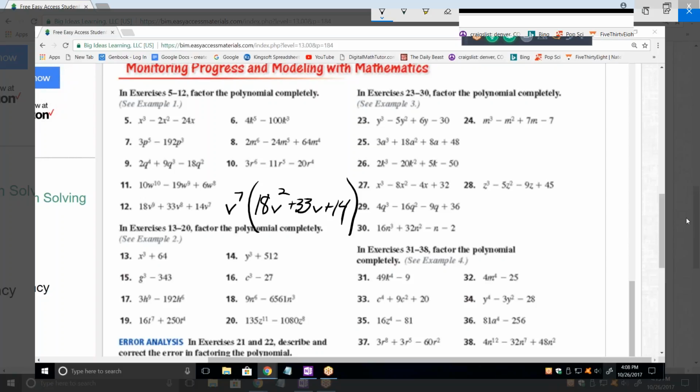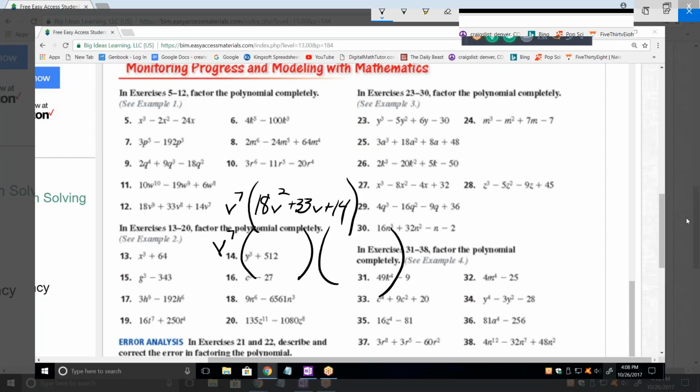Now, almost certainly that factors. Only because they're giving it to you. In other words, they wouldn't give this to you if it didn't factor. If you had to solve this using the quadratic formula, it wouldn't be in this section. So I'm pretty sure that there are probably two factors of that expression.